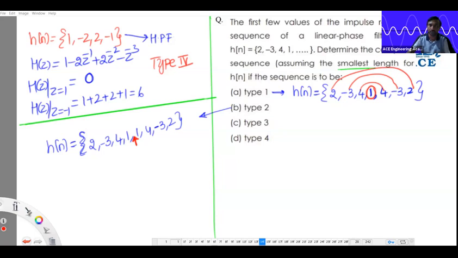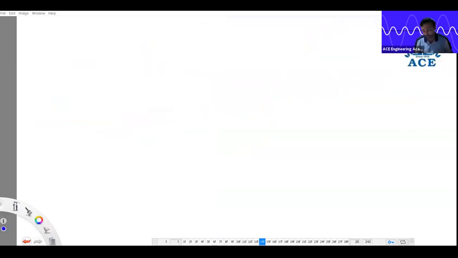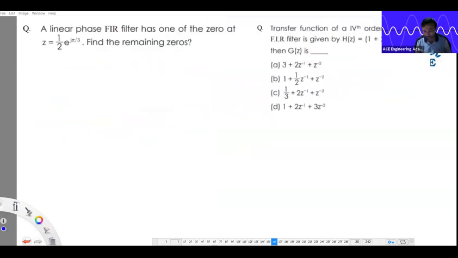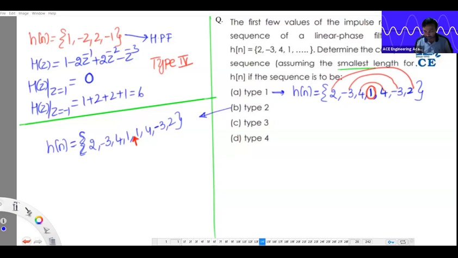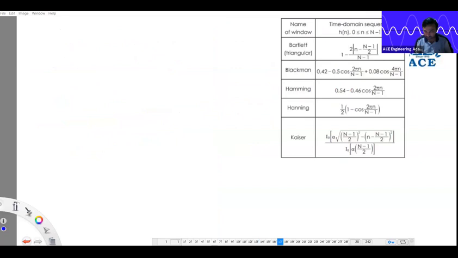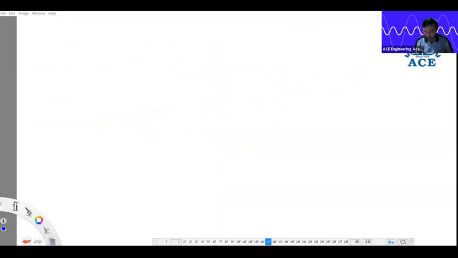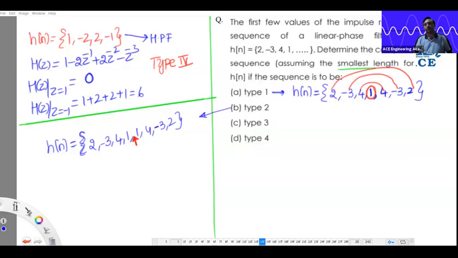Think first, then I will tell the answer. What is the type 3 answer?